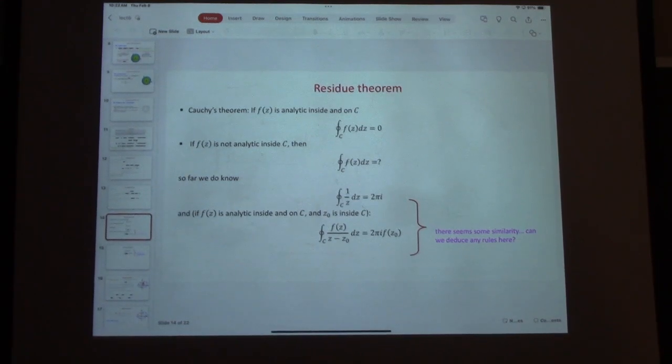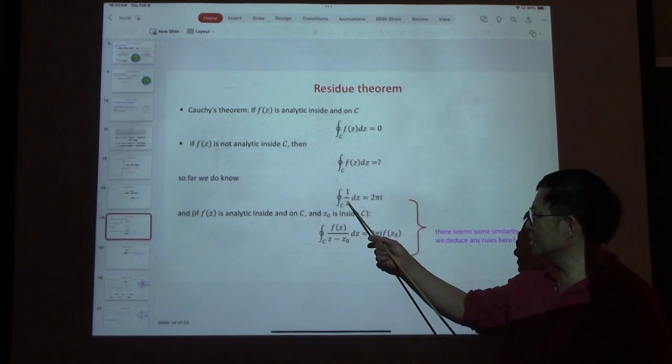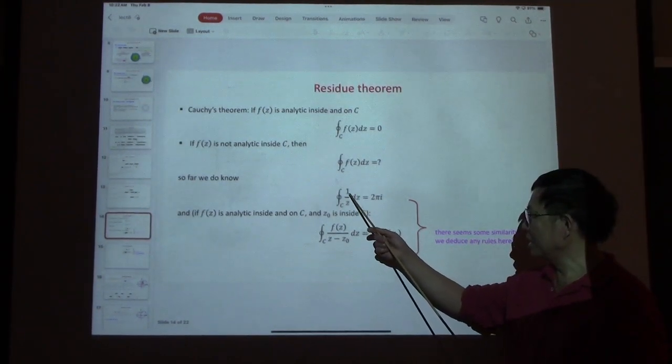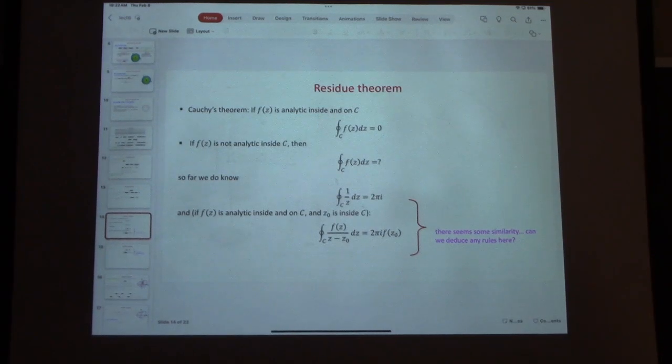It turns out, remember this: 1 over z dz integrated over a unit circle. We did that explicitly. Integrate it, it gives us 2 pi i.